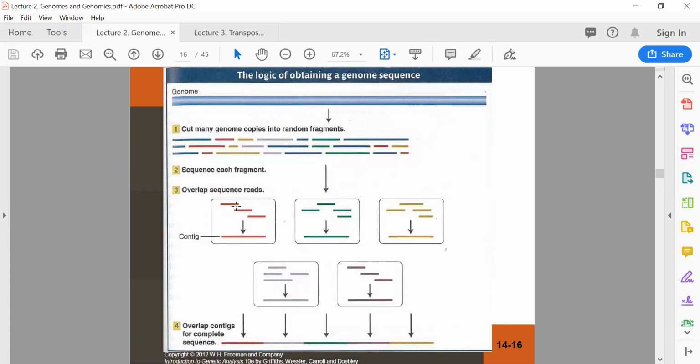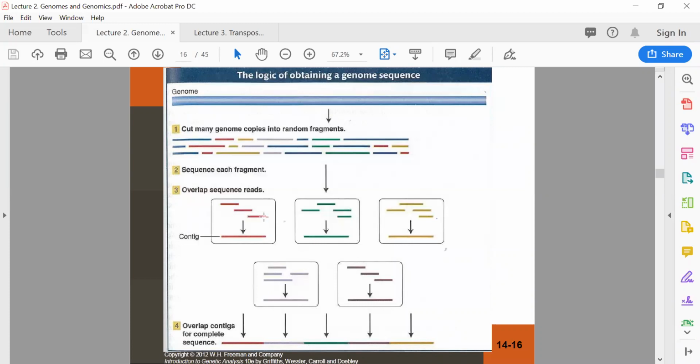let's say this was the original piece of DNA, and in cutting several copies of that piece of DNA into different size fragments, you might end up with one fragment like this, and then another fragment like this, but these two fragments contain, at these ends, exactly the same sequence.